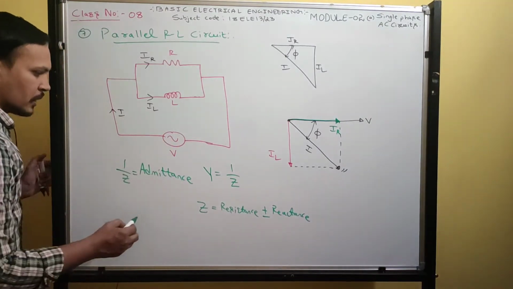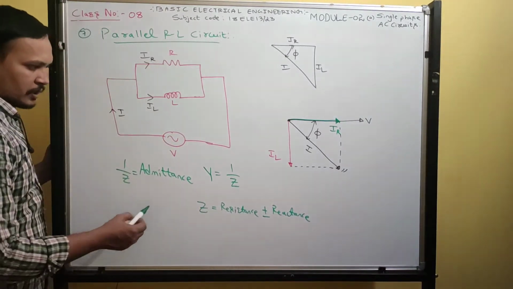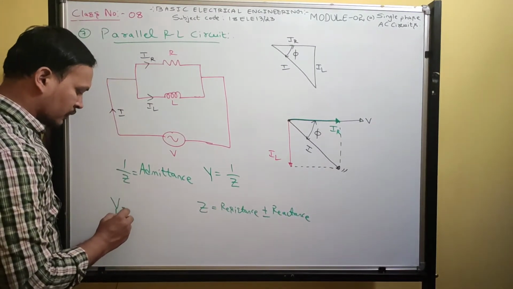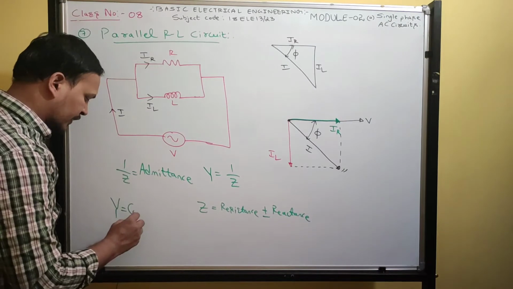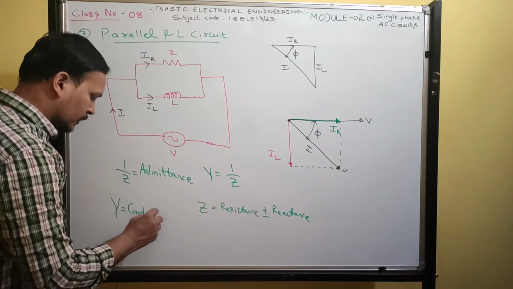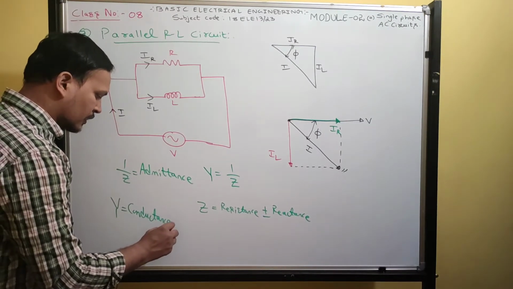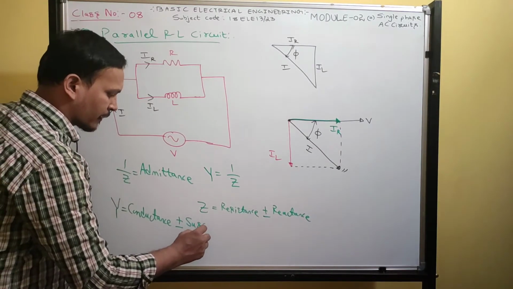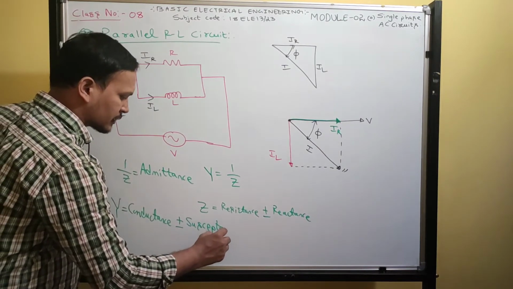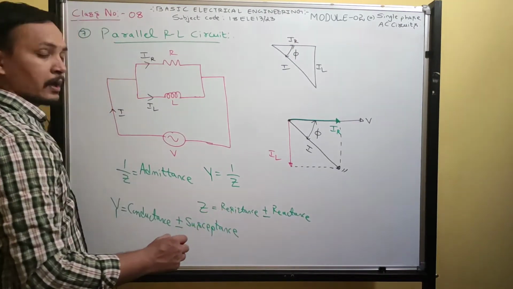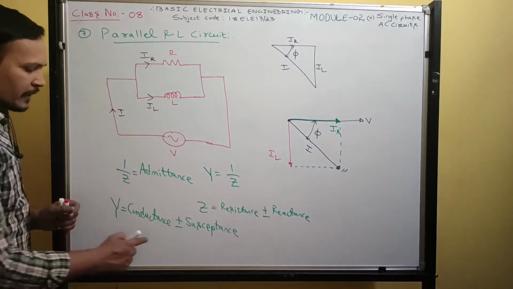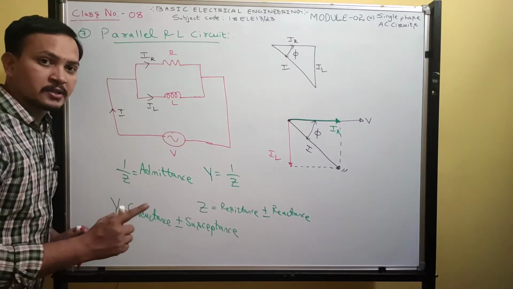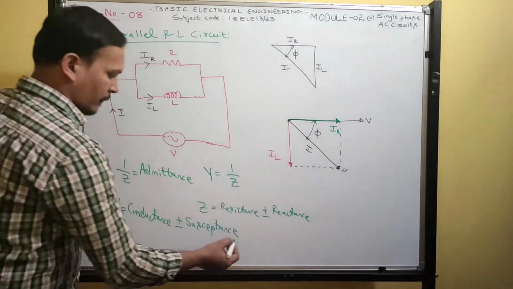Converting this into admittance, the components are conductance plus or minus susceptance: minus for inductive susceptance and plus for capacitive susceptance.